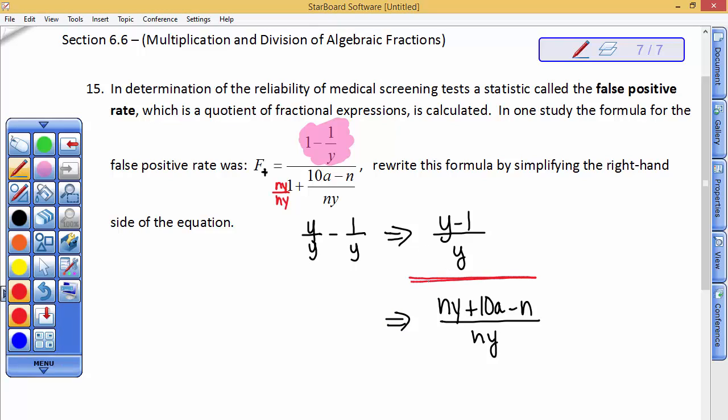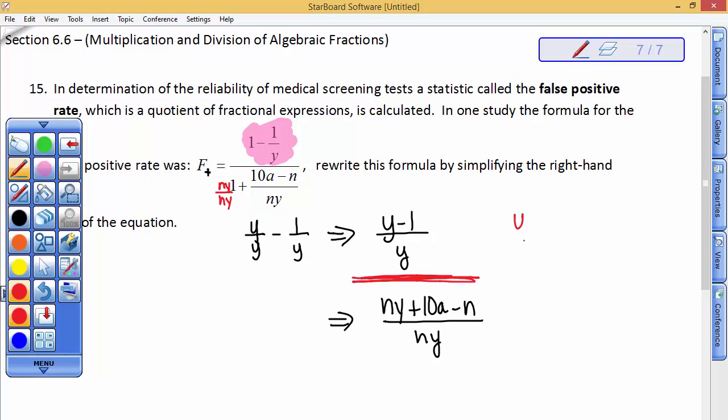Well, I need to divide these. So when I divide, I have to take the first fraction and multiply by the flip of the second fraction. So I've got to take this y minus 1 over y and multiply it by the reciprocal of this one. So I'll put the ny upstairs and the ny plus the 10a minus the n downstairs.